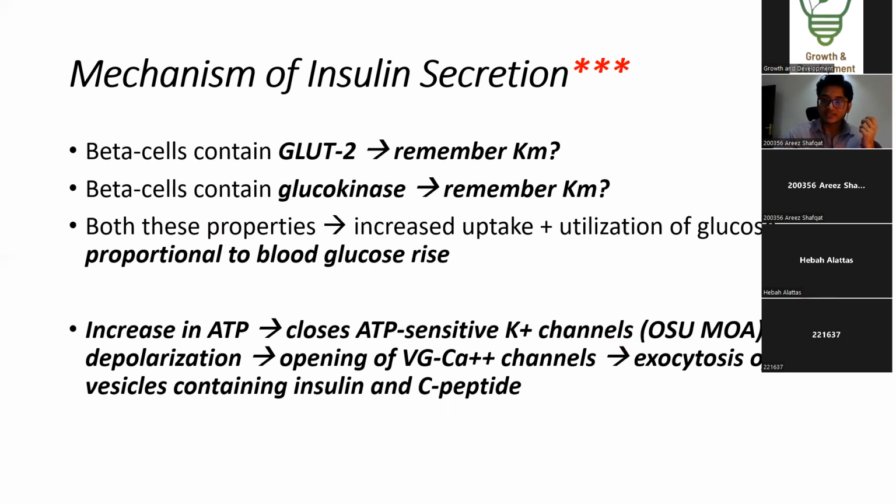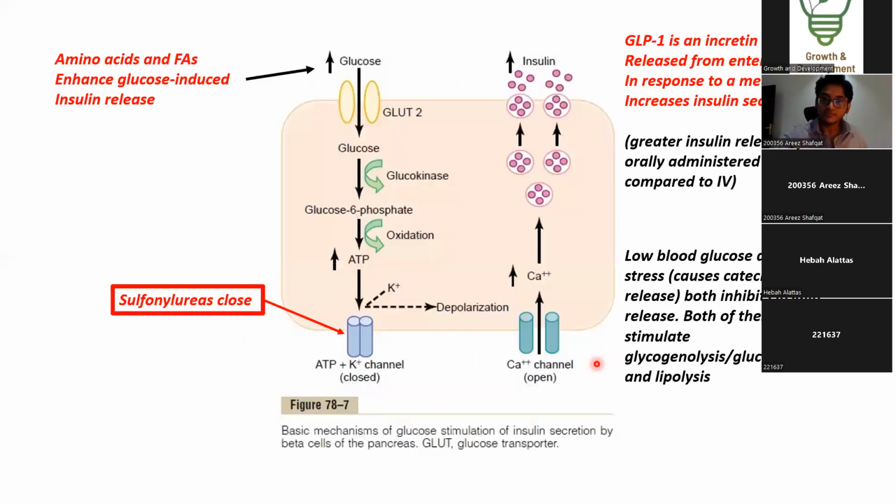When these channels close, that causes depolarization of the cell because potassium can't move out of the cell anymore. So potassium stays in, more positive charge inside the cell, and it gets depolarized. This causes opening of voltage-gated calcium channels. Calcium comes into the cell, and the vesicles containing insulin and C-peptide are released from the cell, okay?